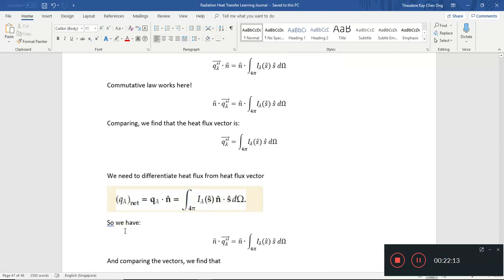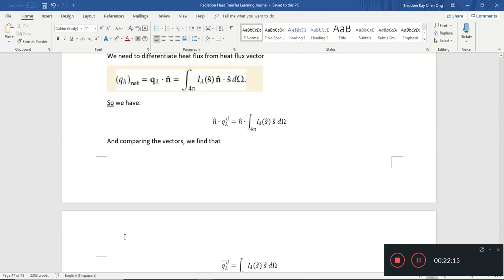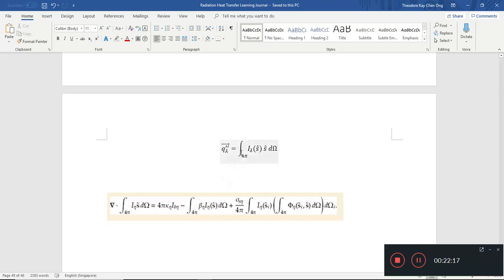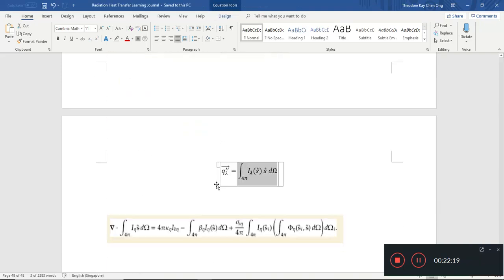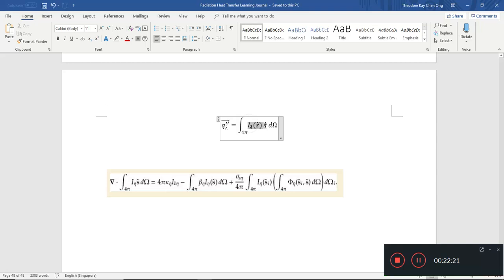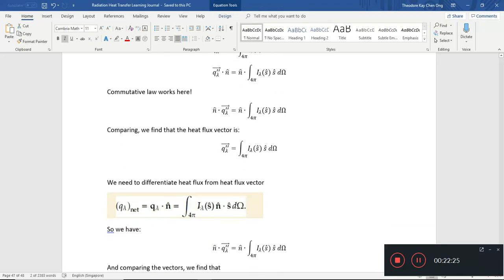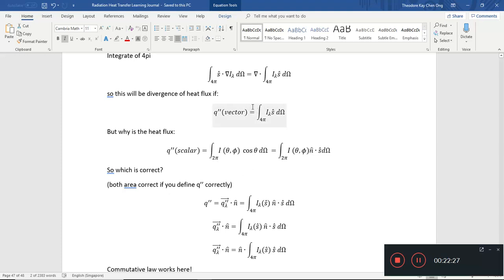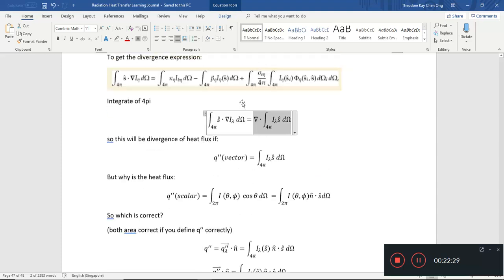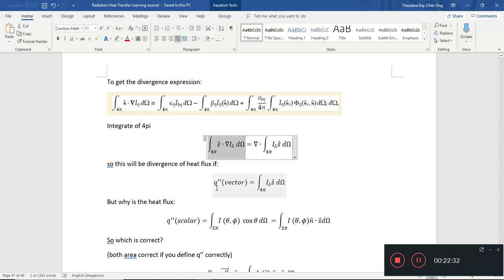So the magic comes in, of course, knowing that we can find this expression from this expression here. That's the magic.